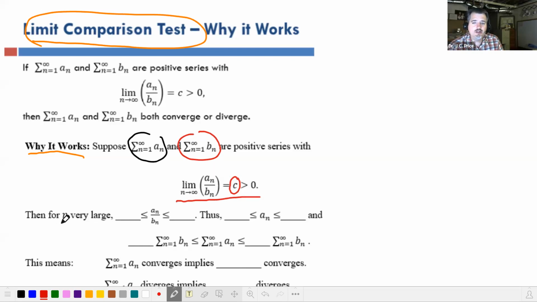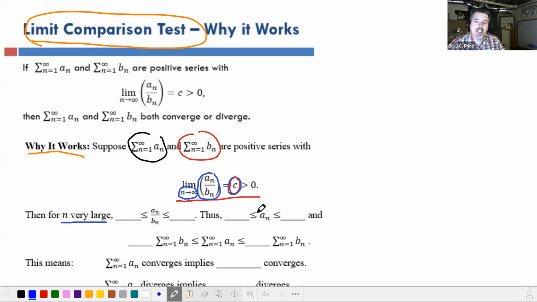Then for n very large, and so what do we mean by that? When you take a limit, what does it actually mean? It means as n gets bigger and bigger, this thing gets closer and closer to c. That's what a limit actually is.